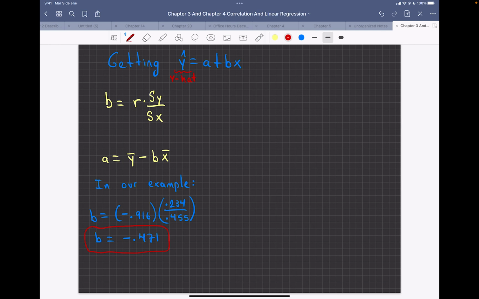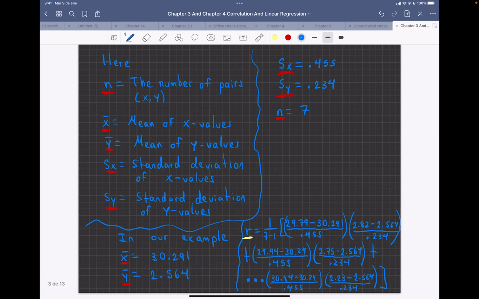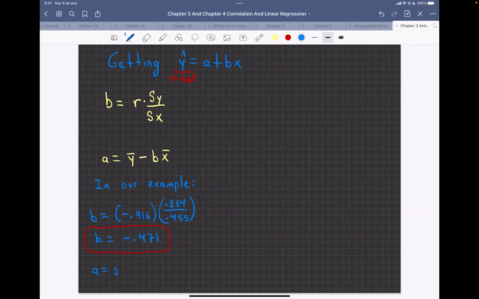Then, once you have B, A is equal to y bar. Y bar is 2.564, minus the B you just got, -0.471, times x bar.